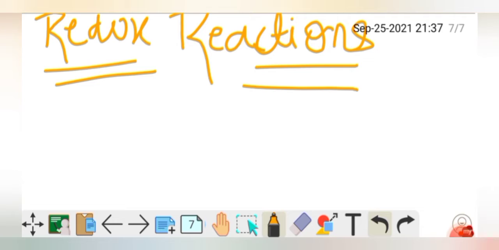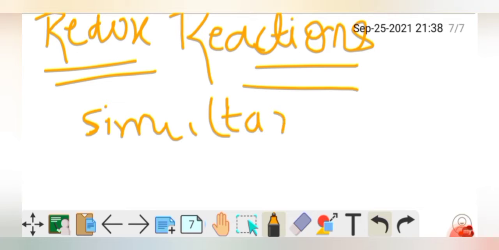Those reactions in which oxidation and reduction take place simultaneously. The main keyword here is simultaneously. If you don't write this, your answer will be wrong. Both oxidation and reduction take place simultaneously. Hope it is clear to you.